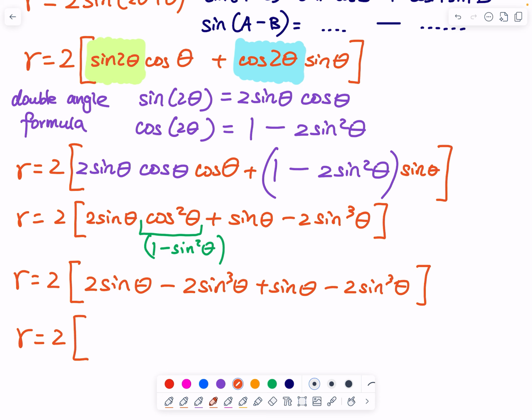So 2 bracket 2 plus 1 is 3, minus 2, that is a minus 4. Okay, looks like after all this work, we have a third power.